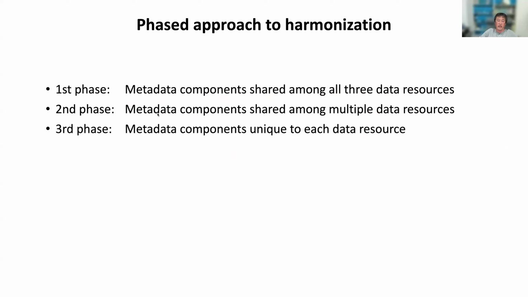Finally, we try to extend it to a wider variety of data resources. At that time, we should analyze other repositories more and set priorities for which components should go first and which later.